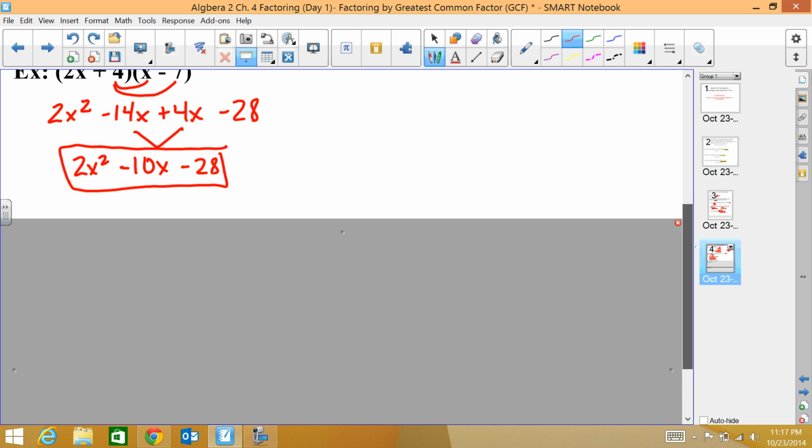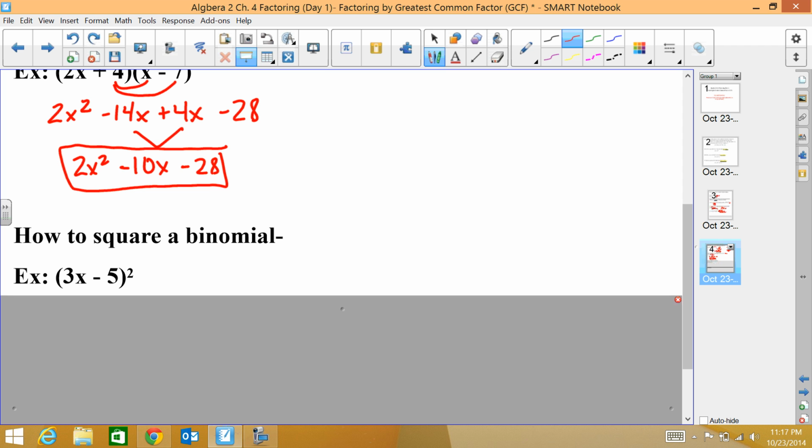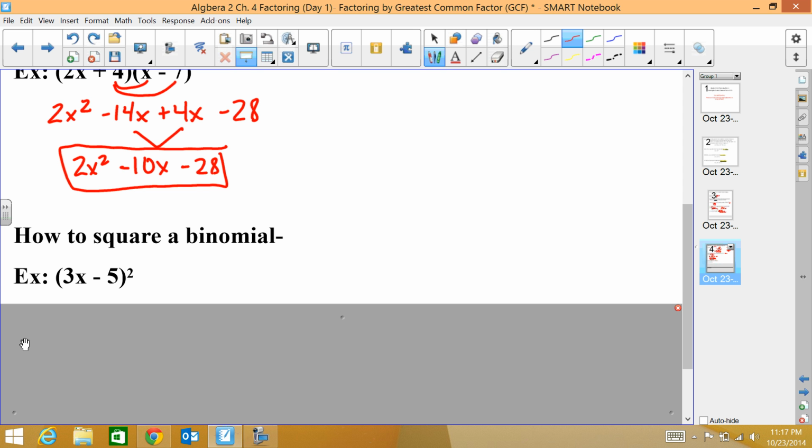There's one last example of how to square a binomial. So remember, a binomial just has two terms, okay, and we're squaring it. Well, if you look at this problem, if you think of a number that you're squaring, like 4 squared, what does that mean that you are doing? Well, you're taking 4 times 4.